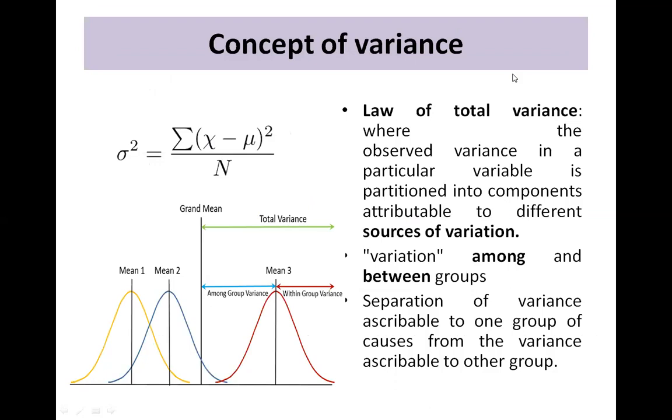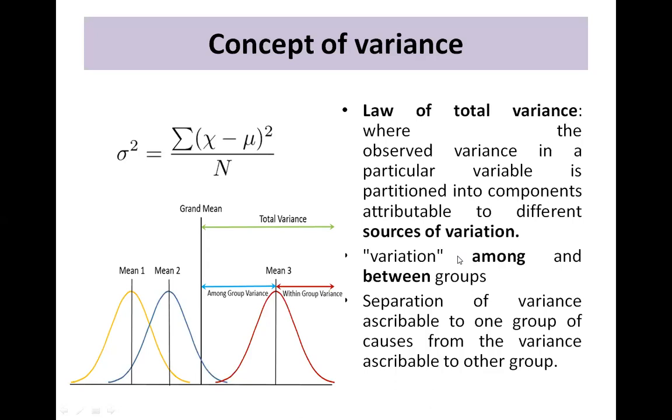So the concept of variance: if we consider the law of total variance, what does it indicate? The observed variance in a particular variable is partitioned into components attributable to different sources of variation. Whenever we consider variation, it may be between the groups or among the groups, isn't it? So what is the role of a breeder?